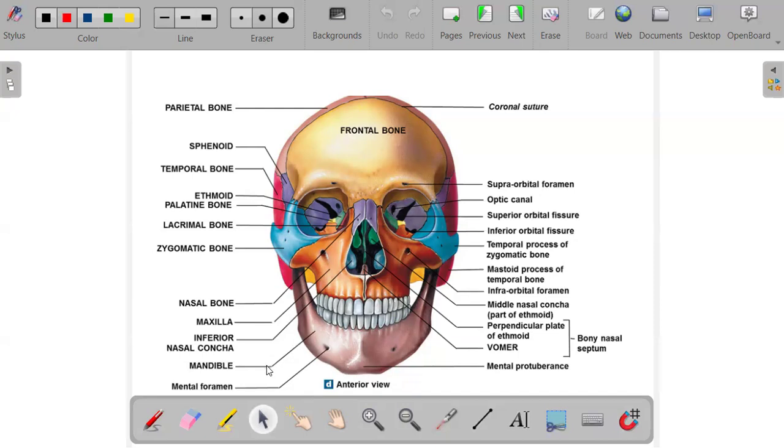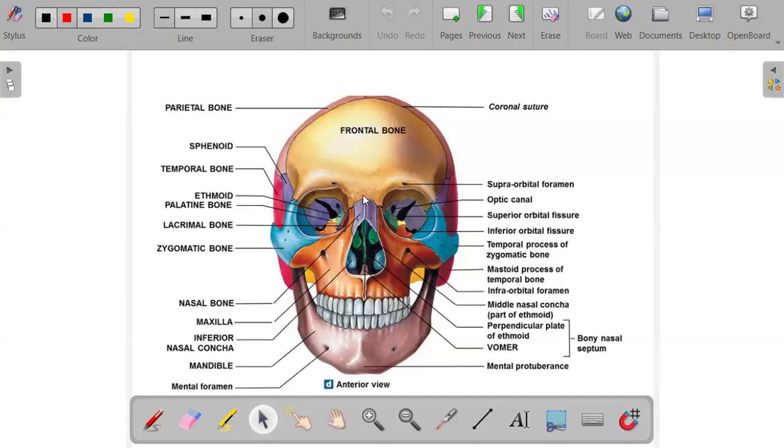And then the frontal region is formed by the frontal bone, which is this bone right here. So we have the frontal bone, we have the orbital openings. So you find that each opening is present above and lateral to the anterior nasal aperture. So this is the nasal aperture.